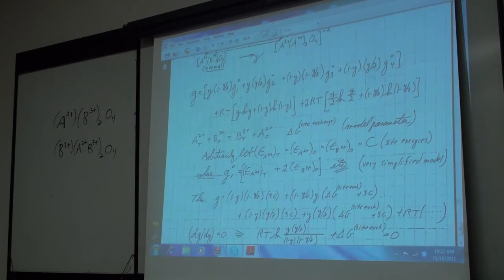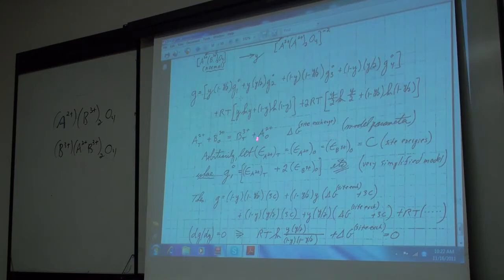Okay, I'm going to make a really simple model. You can make the model more complicated, but let's call these epsilons the site energies. Let's say that these are the energies of an ion on that site. So epsilon A2 plus tetrahedral is the energy of an A2 plus ion on the tetrahedral site. Epsilon A2 plus octahedral is the energy of an A2 plus ion on an octahedral site.